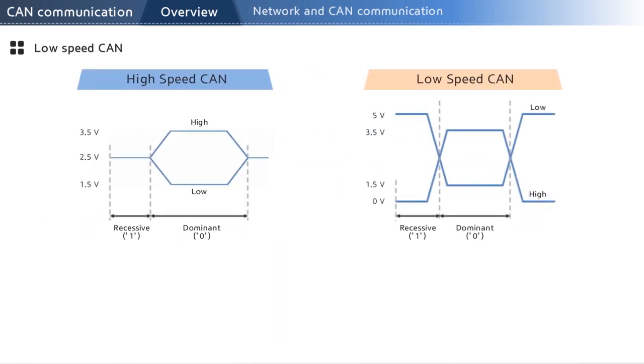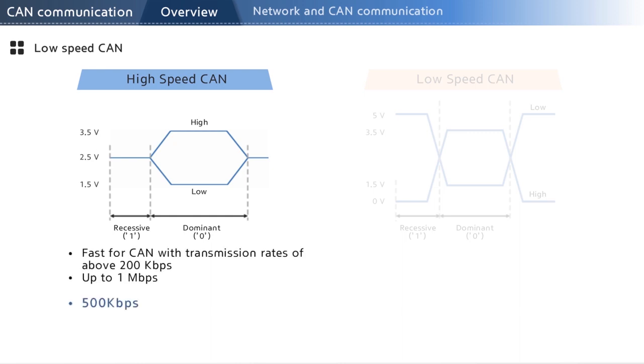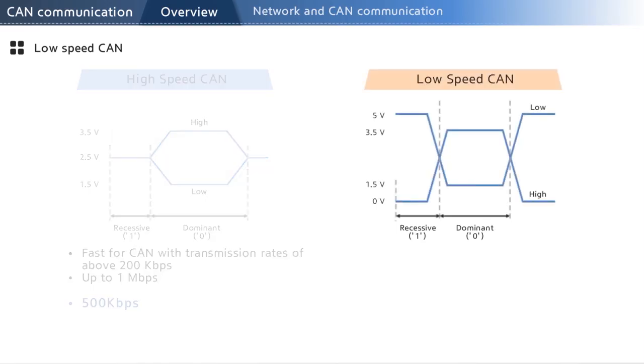Transmission speed is another way to distinguish high-speed and low-speed CAN. Typically, high-speed CAN is used for powertrain chassis systems. While it supports up to 1 megabit per sec, 500 kilobits per sec is normally used in the vehicle. Low-speed CAN, on the other hand, is mostly used for systems such as body and multimedia.